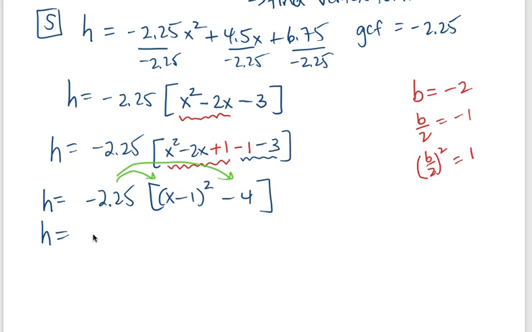So that negative 2.25 just multiplies right out in front of this bracket here, x minus 1 squared. All right, and then the negative 2.25 multiplies with the 4. So negative times negative is positive, and it makes it 9, okay? All right, so there is now the vertex form.